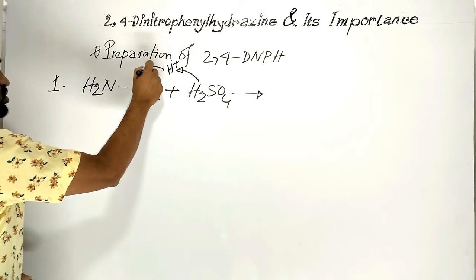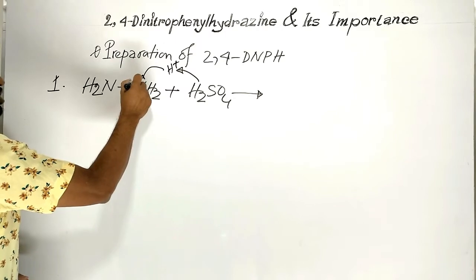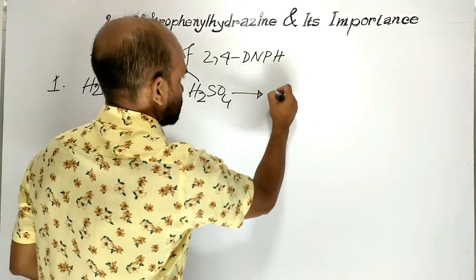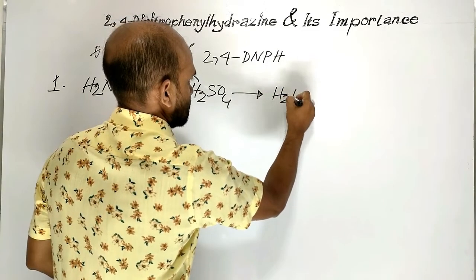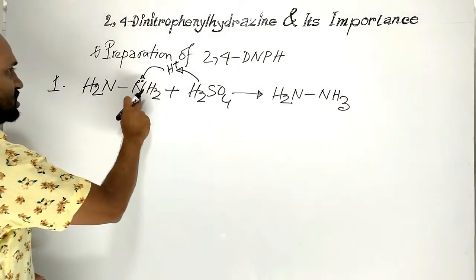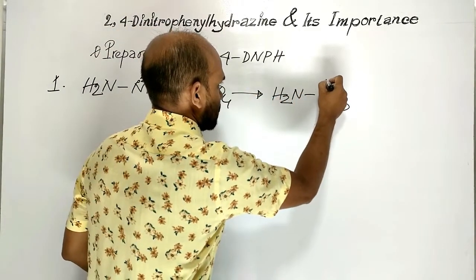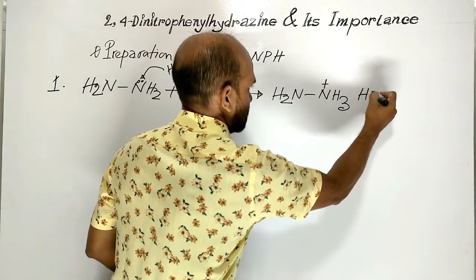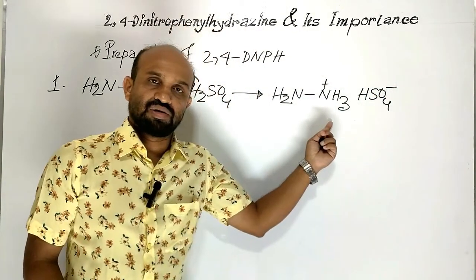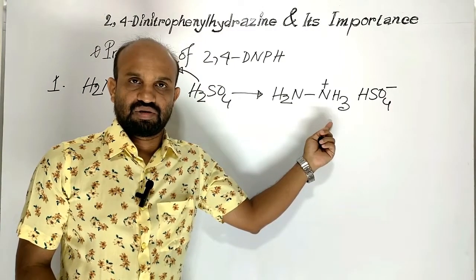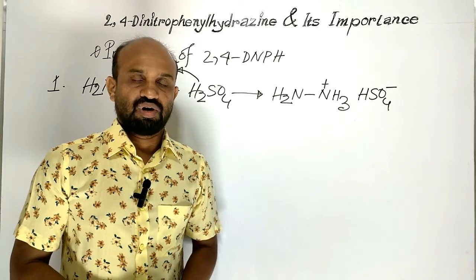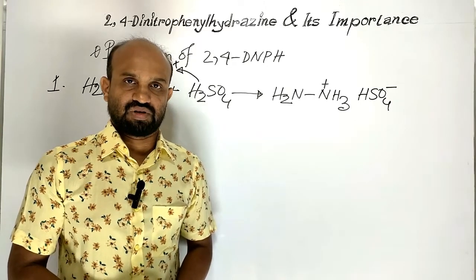That proton combines with this nitrogen with its lone pair of electrons, and consequently this is obtained: NH3 now, here plus, and here bisulfate ion, which is called hydrazine sulfate, more precisely hydrazinium bisulfate or hydrazinium hydrogen sulfate.